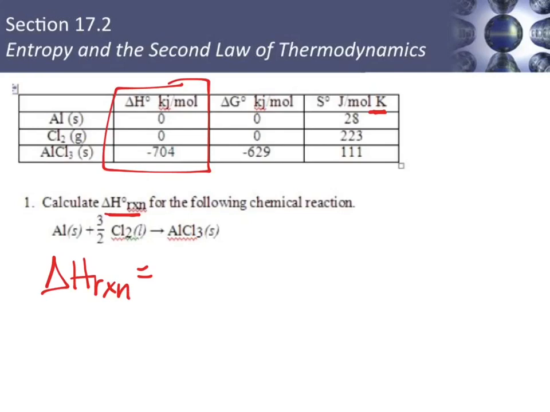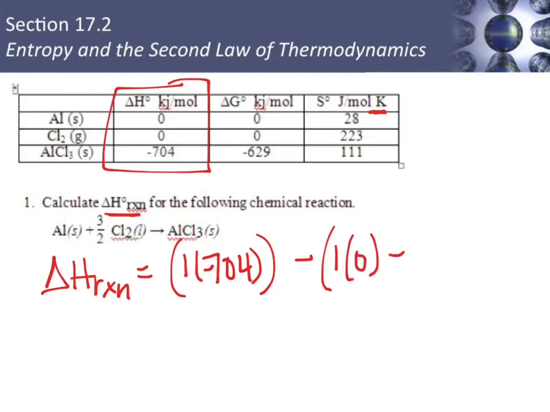So for AlCl3, we have one of them, and we're going to multiply that by negative 704. And we're going to subtract our reactants, which is 1 times 0 for aluminum, plus 3/2 times 0 for chlorine.